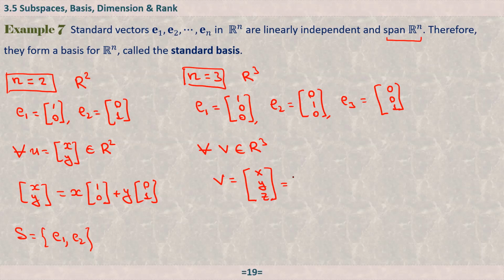Yes, in a similar way, I can write it as x times (1, 0, 0) plus y times (0, 1, 0) plus z times (0, 0, 1). If you pick any vector, I can write it as a linear combination of these three vectors. That means these vectors form a basis for three-dimensional space.